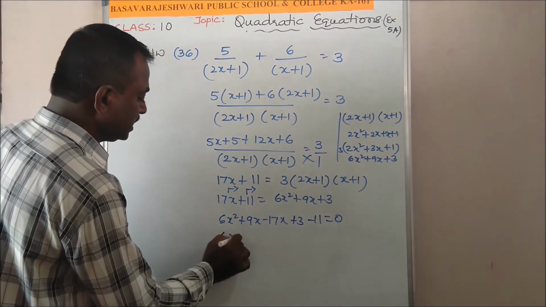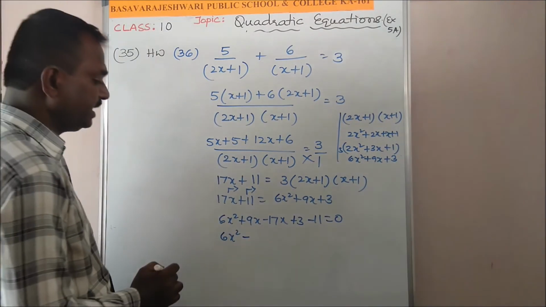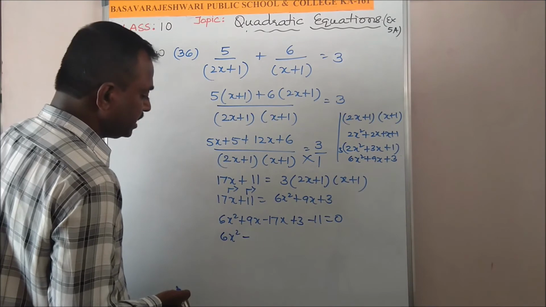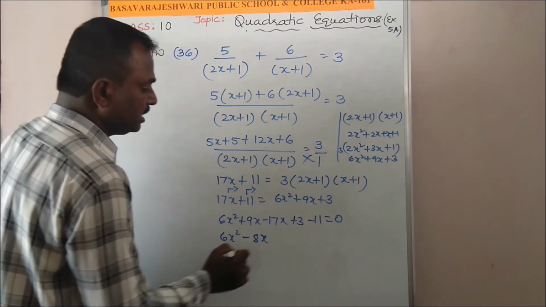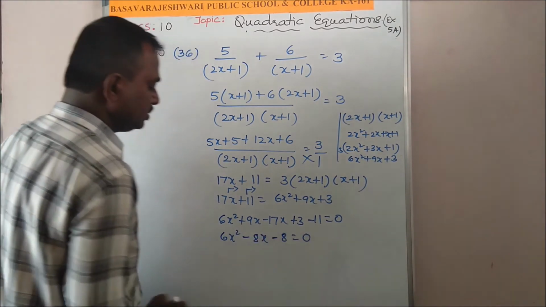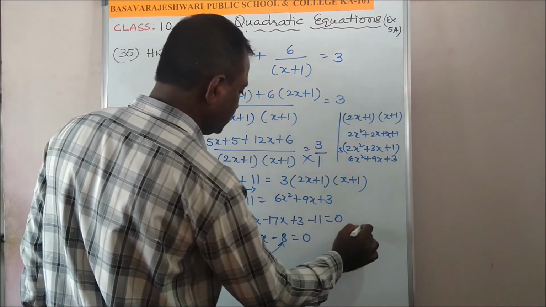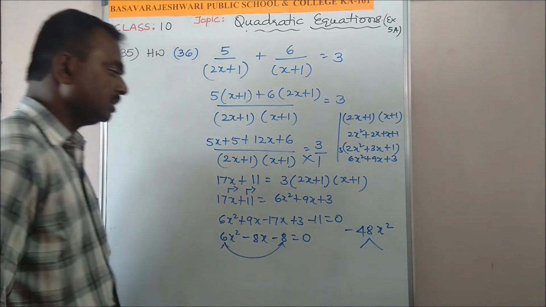So 6x square, so 17 minus 9, 8. So 9 minus 17 is minus 8x. So 3 minus 11, minus 8, is equal to 0. So 6 times 8 is 48, x square is with minus sign.